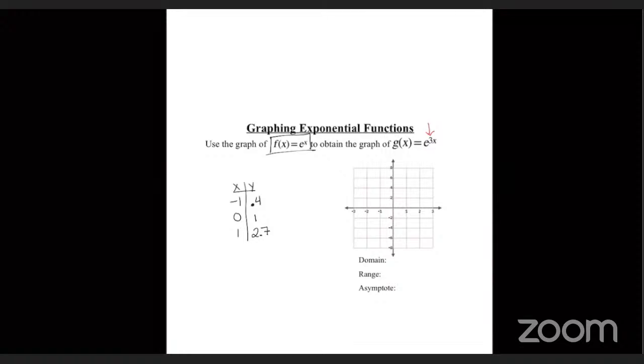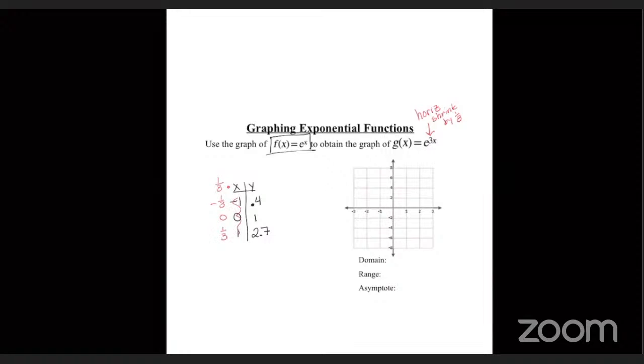It is a 3 on the inside, which is a horizontal shrink by 1/3. Horizontal, we always have to think opposite. Horizontal things impact my x column, so I'm going to multiply my x column by 1/3. That is the only transformation going on here.